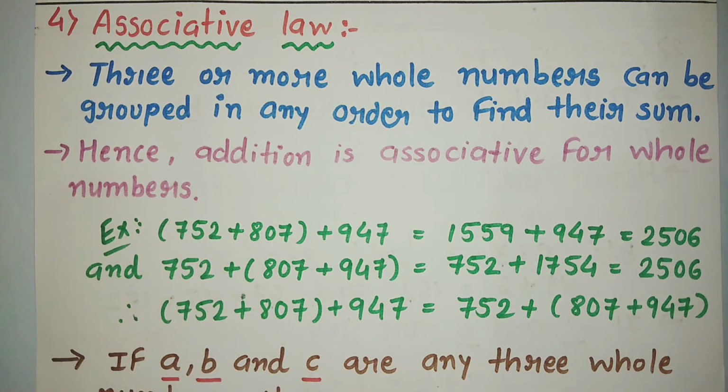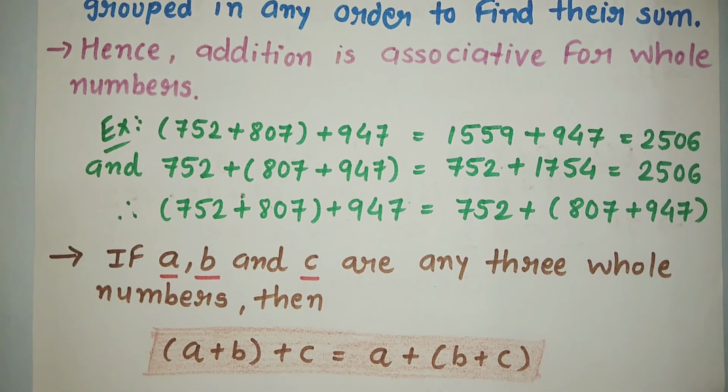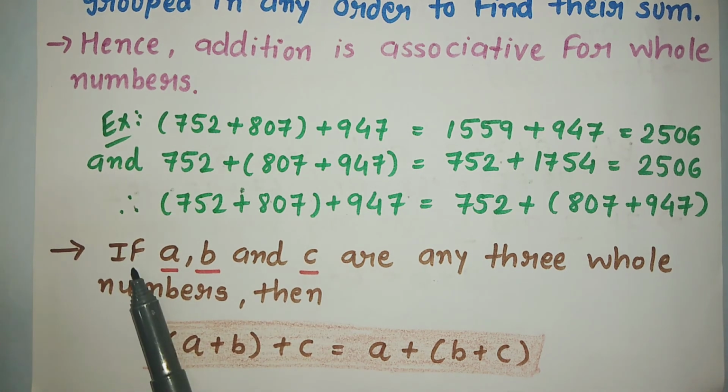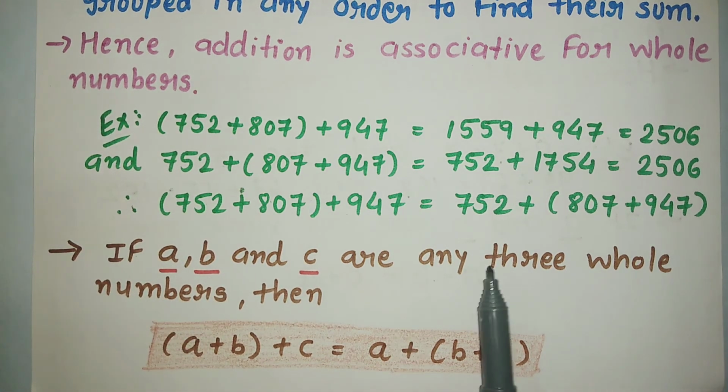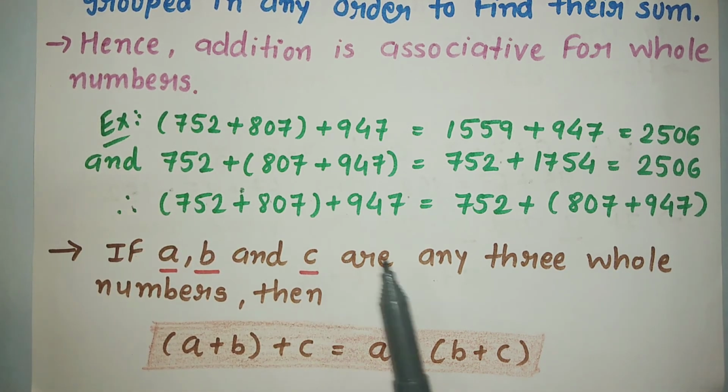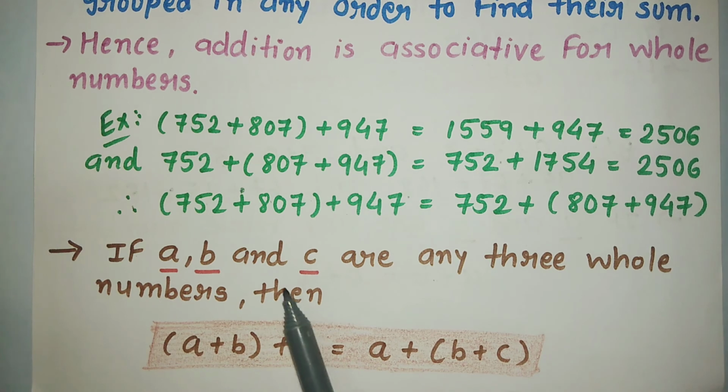Now let's take the example for A, B, C. If A, B and C are any 3 whole numbers, then can I write A plus B, first I make the group of the first 2 numbers and then I add C. In the second case I make the group of the last 2 numbers and then I add the first number.